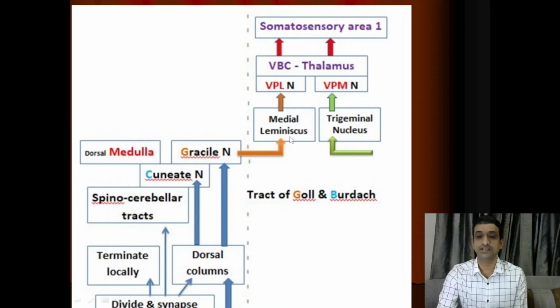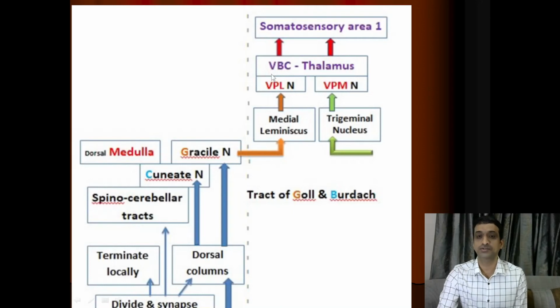In this pathway, it is joined by the fibers of the trigeminal nucleus, which carry the same sensations of the DCML but from the face, not from the body. The medial lemniscal fibers will end in a specific nucleus known as the ventroposterolateral nucleus, VPL nucleus, whereas the fibers from the trigeminal nucleus, carrying all the DCML sensations from the face, terminate in the ventroposteromedial nucleus of the thalamus.